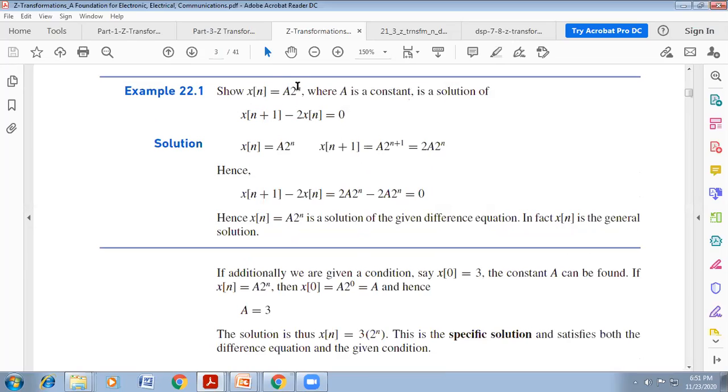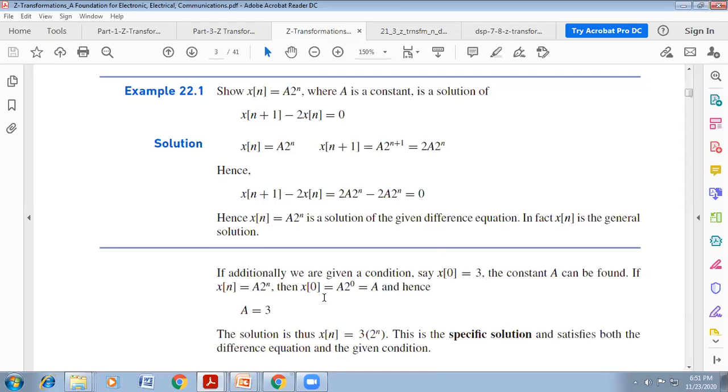So now just putting n equals 0, using this initial condition, when n equals 0, x equals 3. So x0 equals a into 2 to the power 0, and 2 to the power 0 means 1.